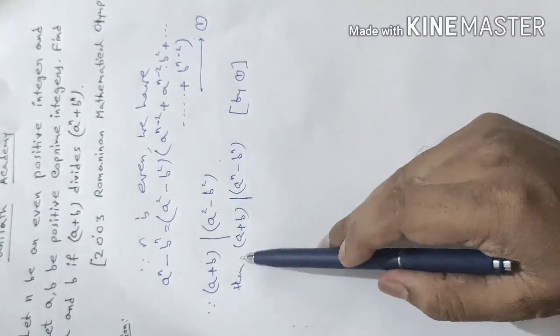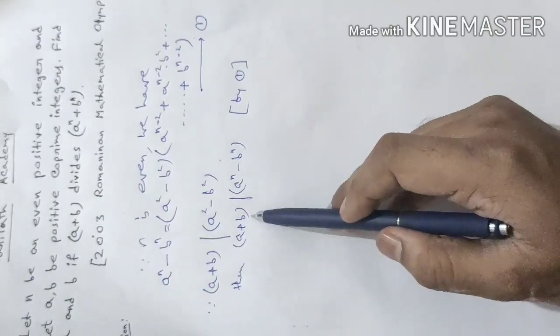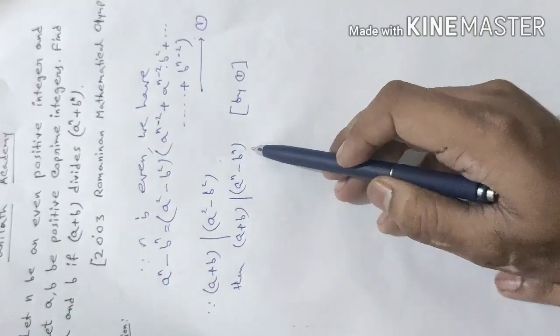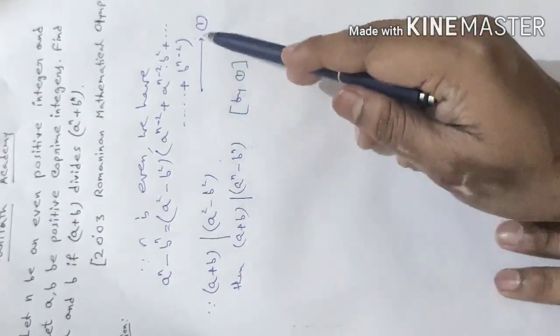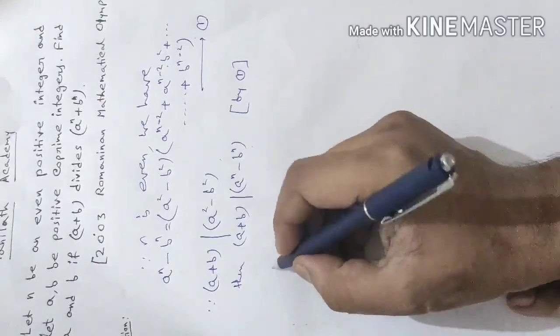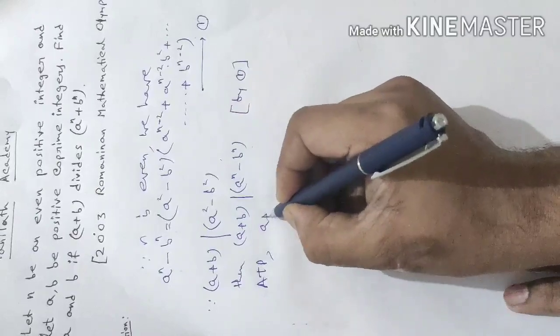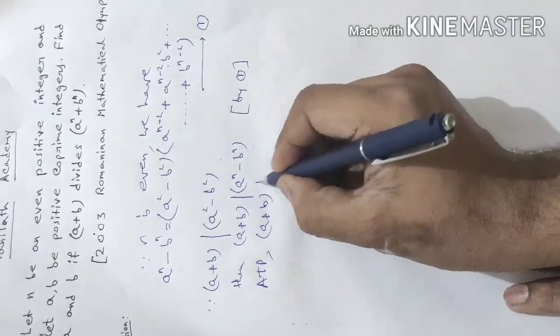Since a plus b is a divisor of a square minus b square, then a plus b also is a divisor of a to the power n minus b to the power n, which follows from identity 1.